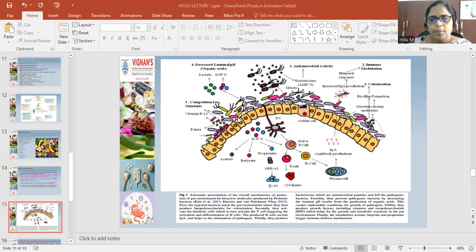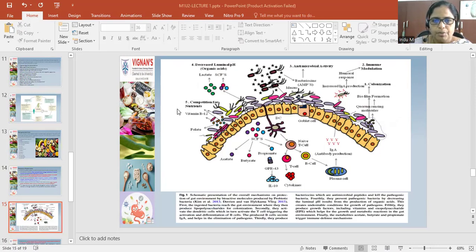These probiotic organisms produce short chain fatty acids and lactic acid. Because of this acid production, the luminal pH will decrease. Due to this low pH, the pathogenic organisms are unable to survive in this environment. So like this, the probiotic organisms create an acidic pH environment and kill the pathogens.